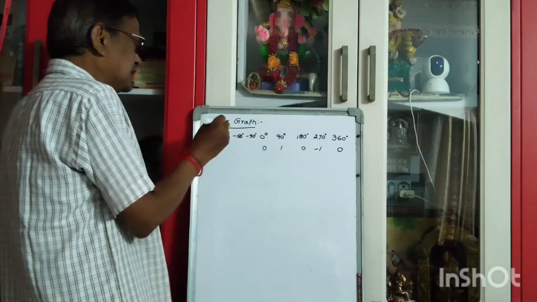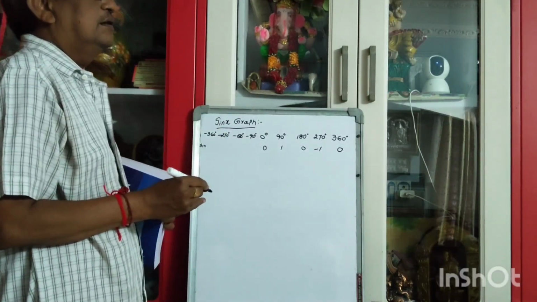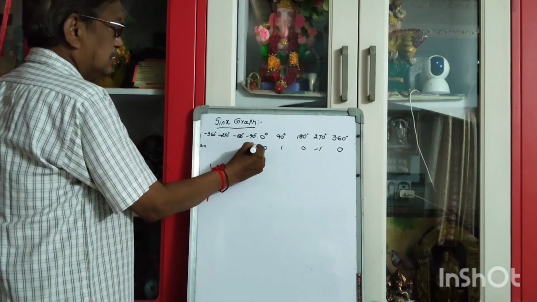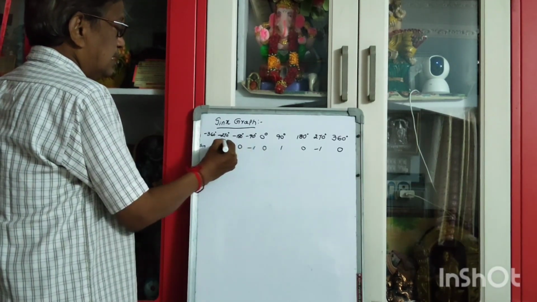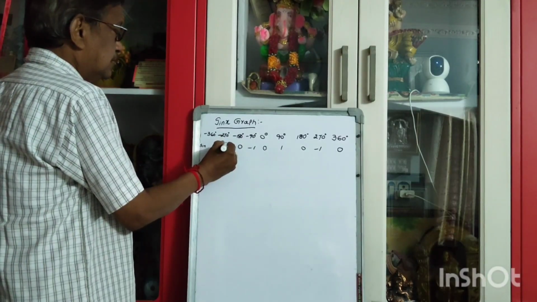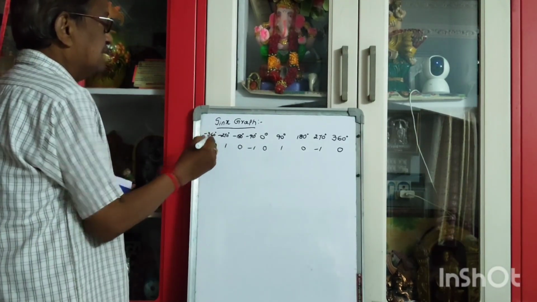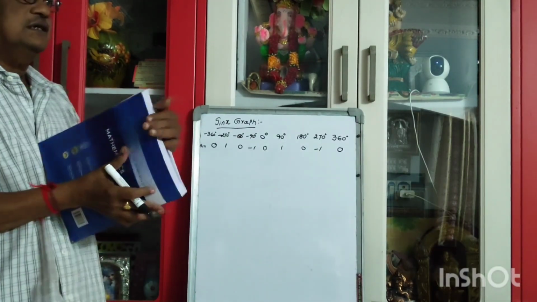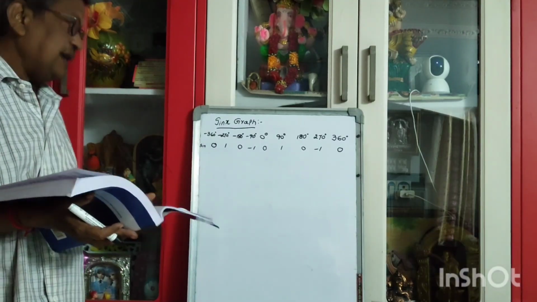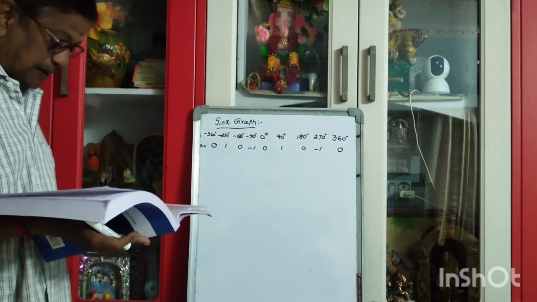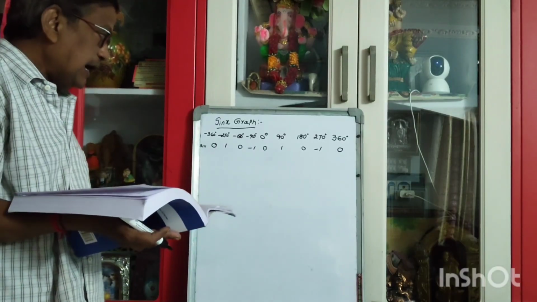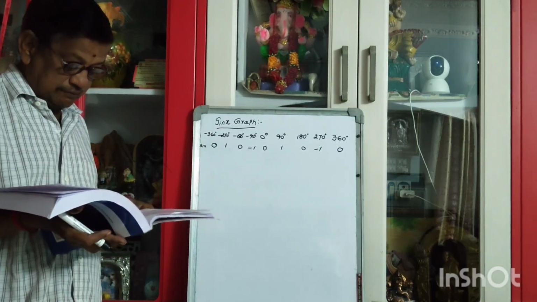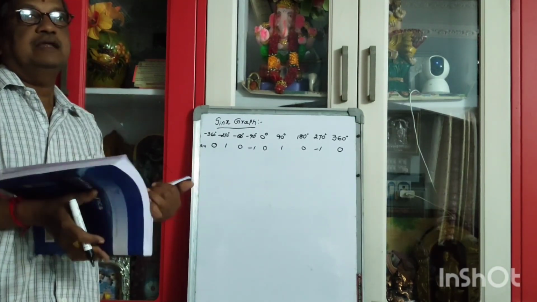Here sin minus 90, minus sin 90, minus 1, 0, minus into minus plus 1, 0. Like that, first of all, you have to take the graph of sin x between 2 pi and minus 2 pi.